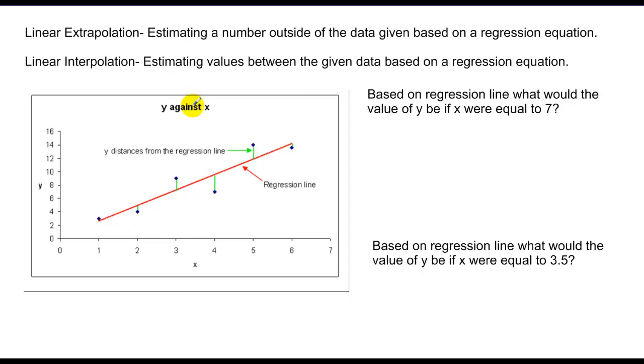So we're going to now use some extrapolation and interpolation again. Based on this regression line here, we want to find the value of y when x is equal to 7. So here's 7, but you'll notice I don't have any y values here. If I extend this line at relatively the same slope up to the point 7, which is right around here, that's an x value.